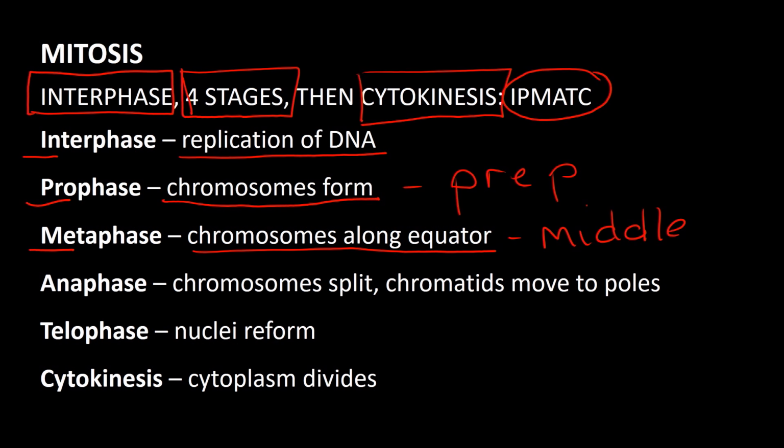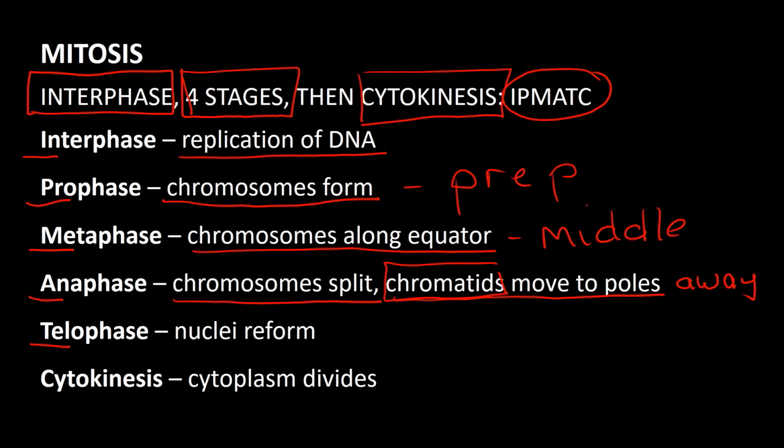At the end of metaphase, the centromeres divide, and the next phase is anaphase, and that is when the chromosomes split and the chromatids move to the poles. And you can remember this because A stands for away, and the chromatids are moving away from each other.